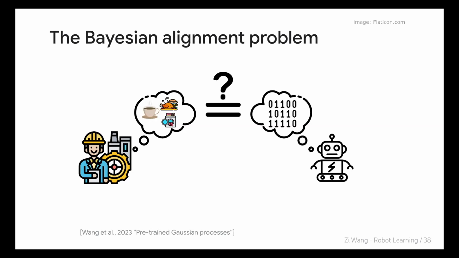That's the problem that I call the Bayesian alignment problem. If we really want to develop an intelligent system that at every stage carries out the same behavior, then we need that initial alignment. And it's really hard, right? So in our more recent work, we're looking at this problem in a more principled way.